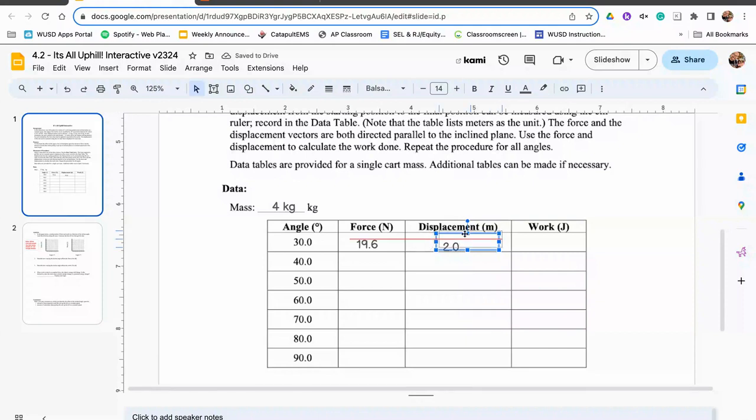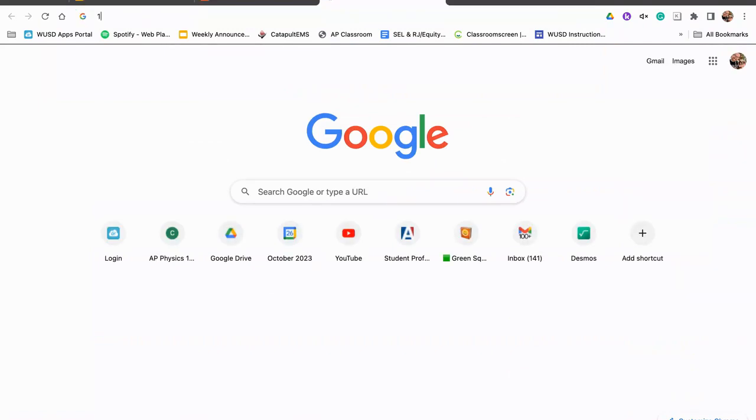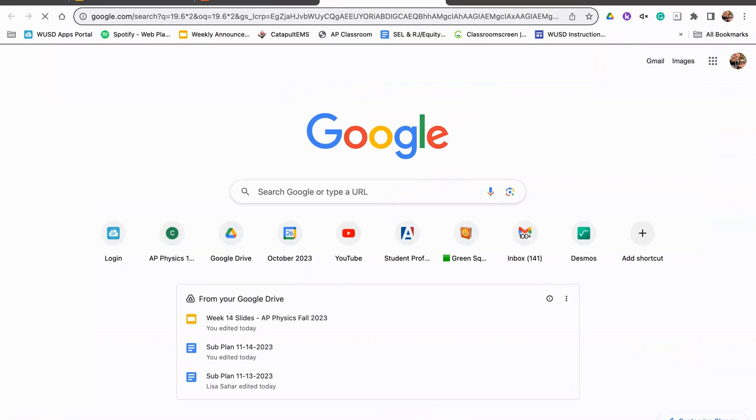Okay, you can go ahead and format this however you want. Next, it would be important to calculate the amount of work that is done. Going back to this right here, the force was in the same direction as the displacement, which was up the incline, so you can go ahead and say force times displacement. So I'm going to say 19.6 multiplied by 2.